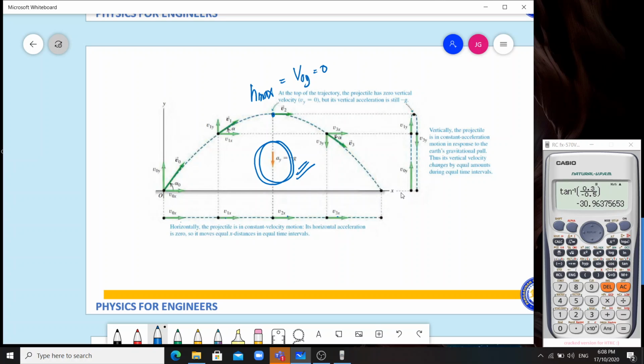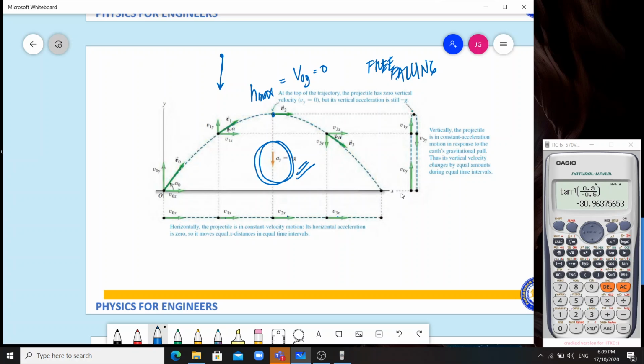Why? Kasi if you remember sa free falling bodies, 'di ba? Dun siya sa point na wala na siyang velocity pataas, mahuhulog na lang siya. Zero effort, basta-basta na lang mahuhulog, okay?